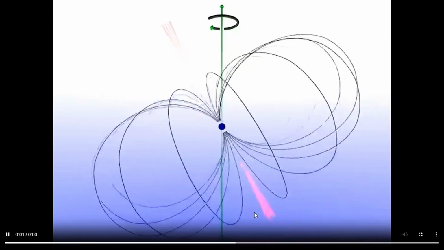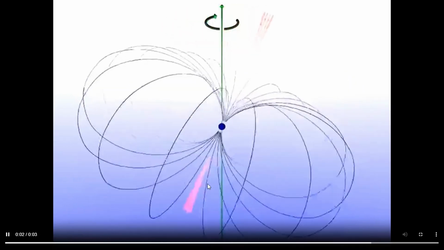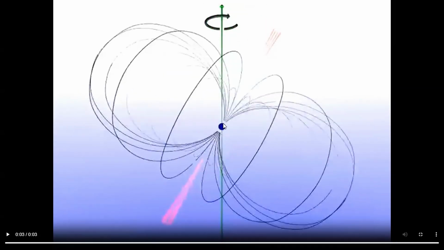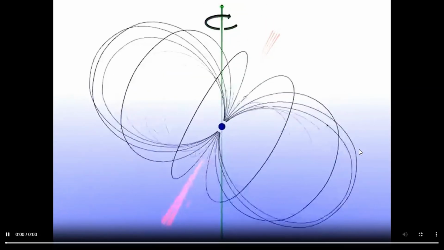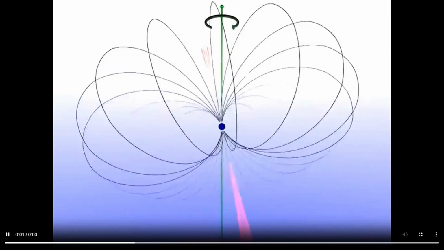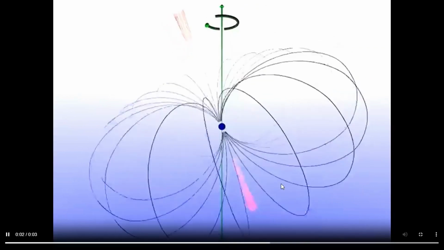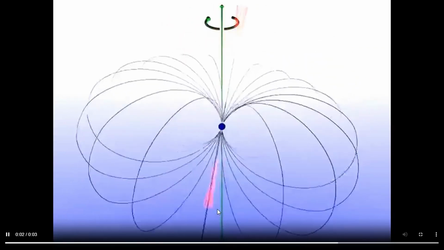As you can see, the red colored beam is pointing out, and at the center we have a source, the neutron star. The neutron star is rotating, and its magnetic field is also rotating.